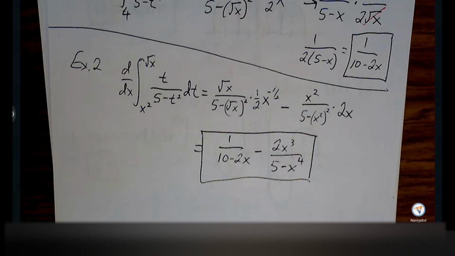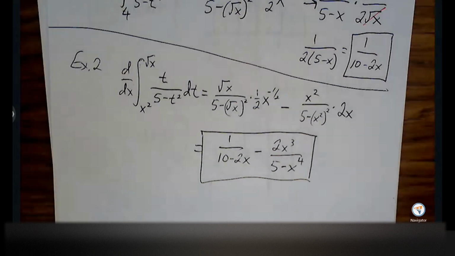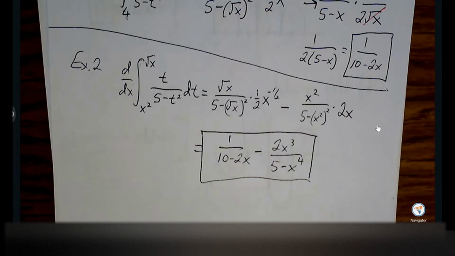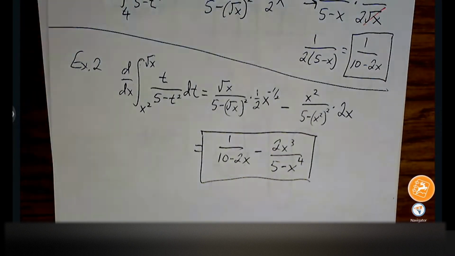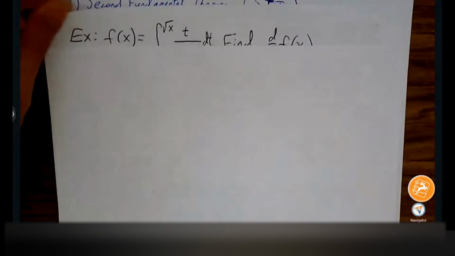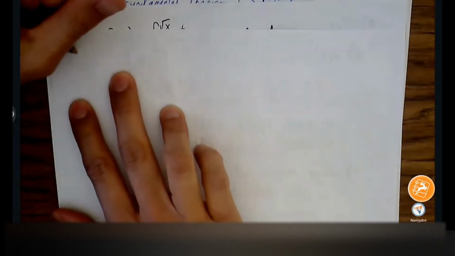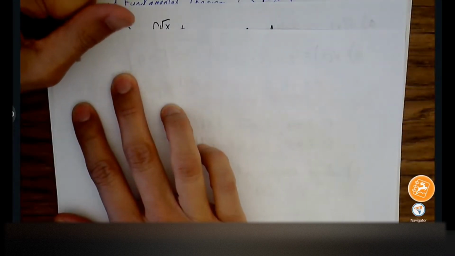Let's do reading and interpreting a velocity graph. Okay. Anybody still need to look at 2? Okay. Let's look at a velocity graph here.